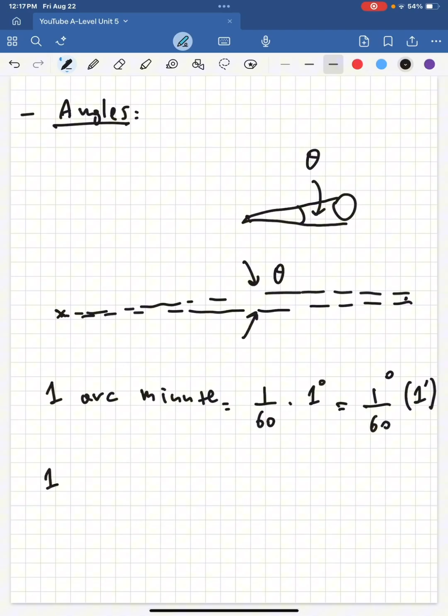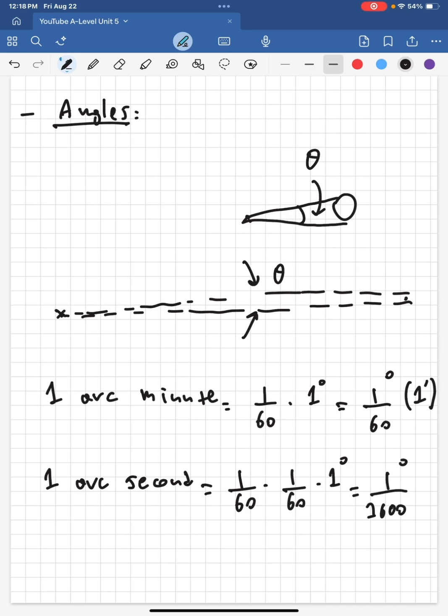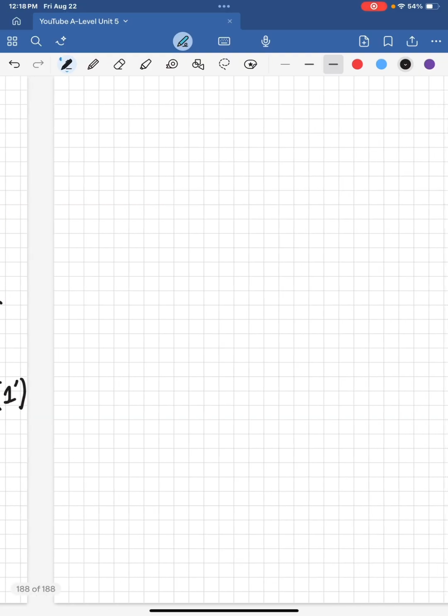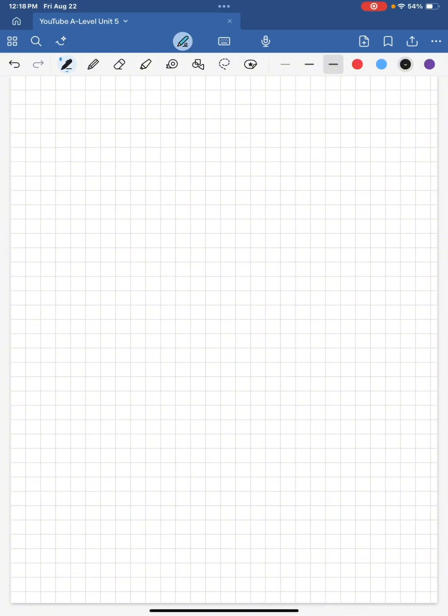And then we also define the 1 arcsecond, and by now you should suspect that that's 1/60th of 1 arcminute. So that's 1/3600 of a degree, and it's denoted by a double script. And these are useful in a method that we will talk about now called parallax.